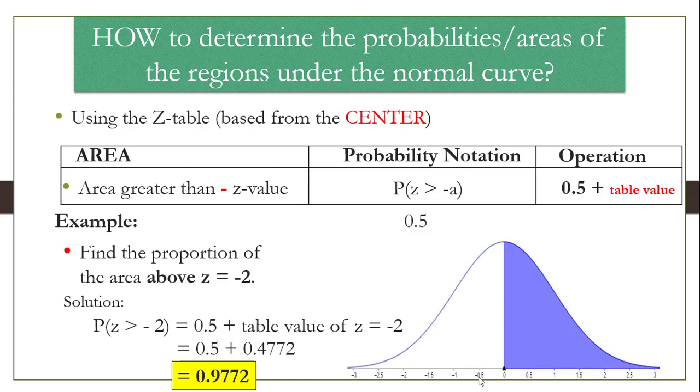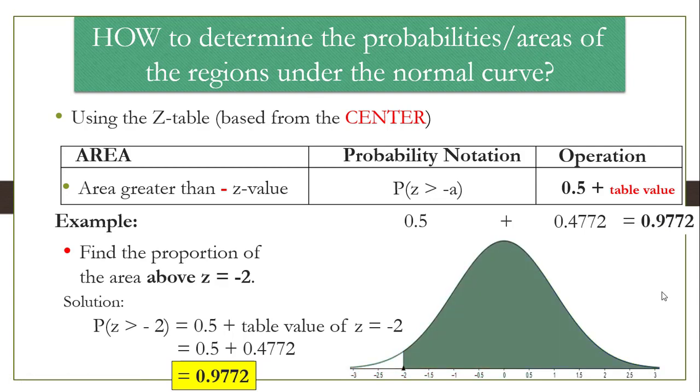And the area given by the z table, which is from the center to negative 2. So, that would be that one. We actually want to have the area greater than negative 2. So, this is also included. And this one. So, we add. Then, we get this one. So, the corresponding area for this, 0.9772, would look like this. Okay? It's the whole area above negative 2.